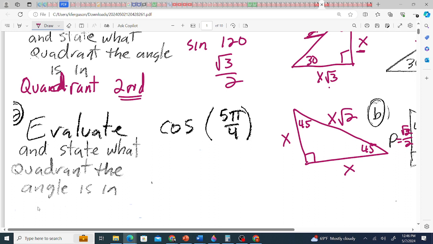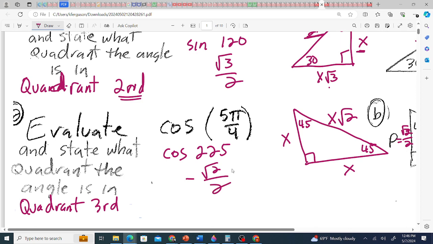It's in the third quadrant. And what was it, 225? So what's the cosine of 225? There you go.